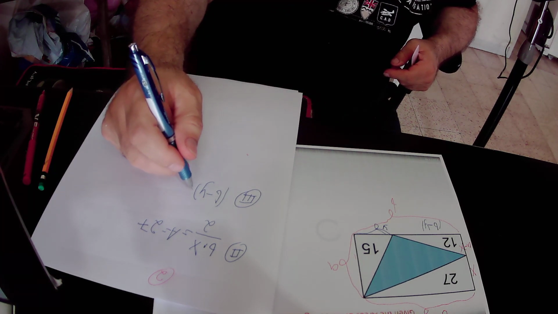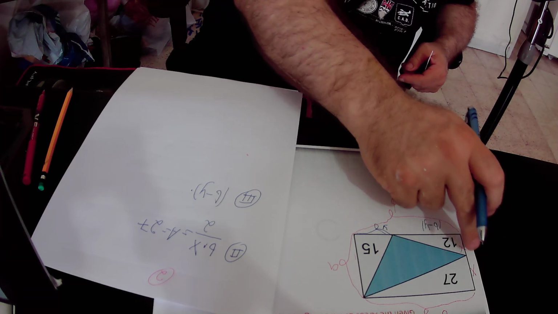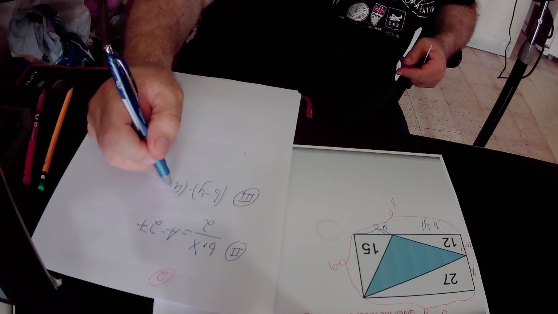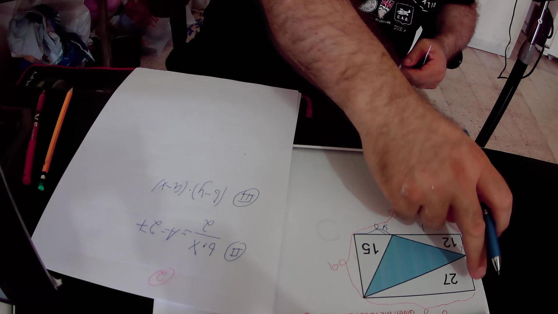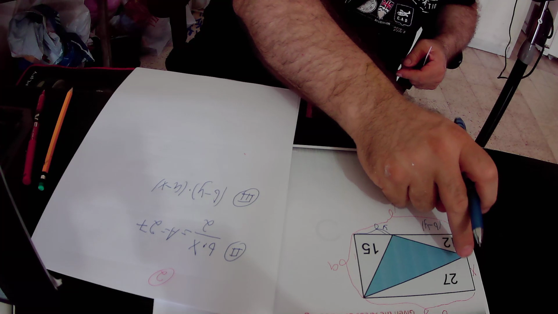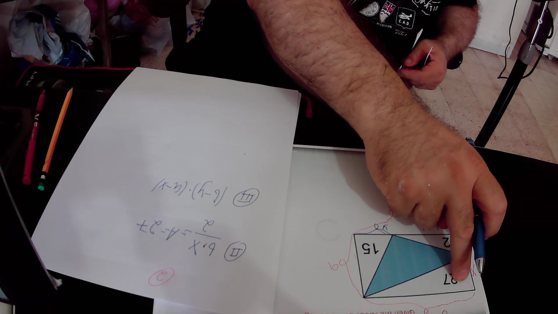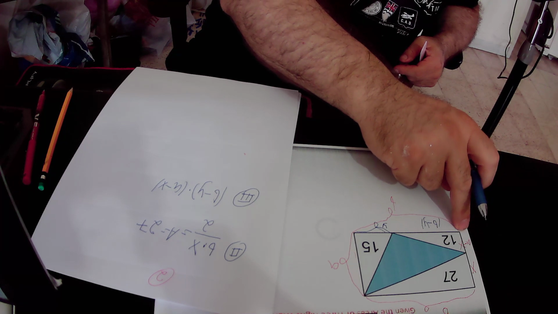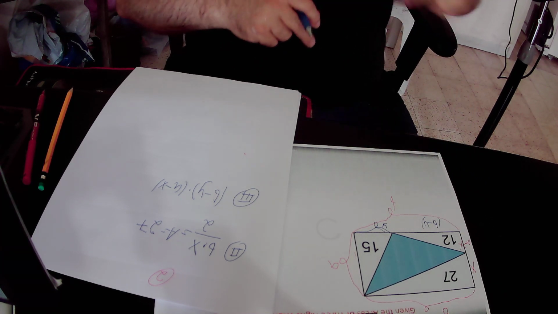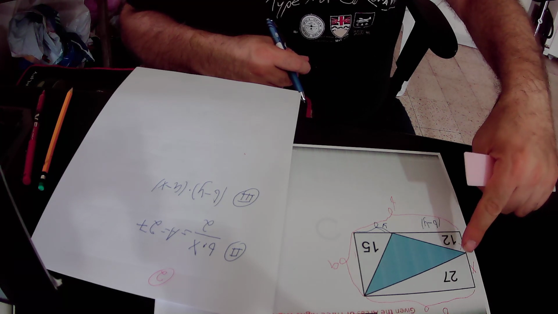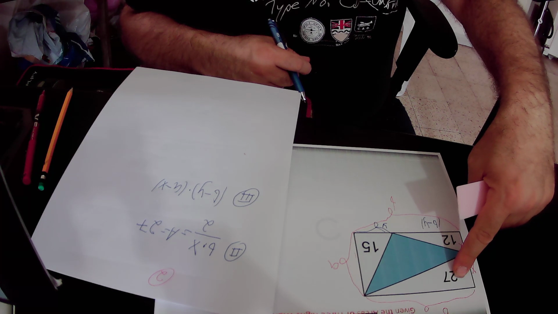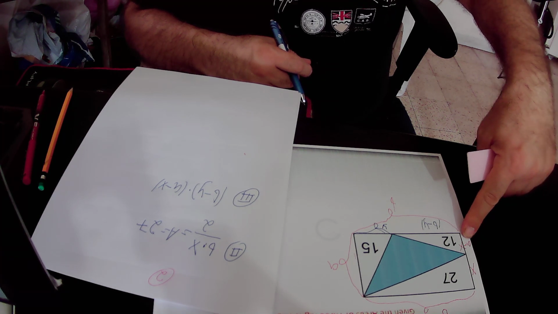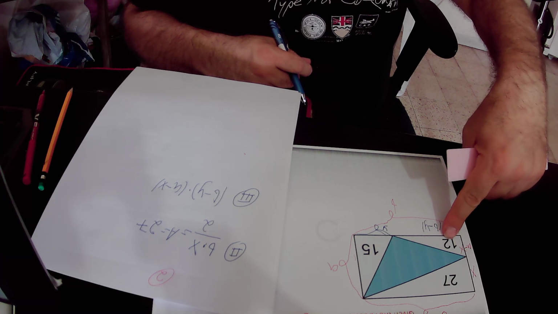The height is A minus x: A is the width of the rectangle and x is the height of the triangle whose area is 27, so the width minus that height gives the height of this triangle.